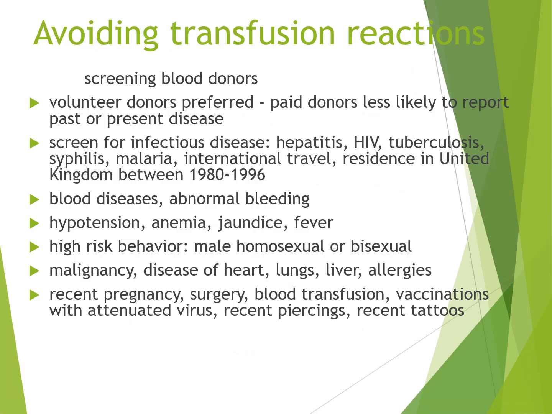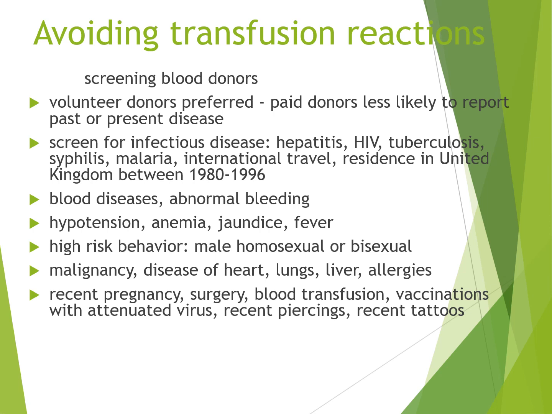Preventing reactions by screening blood donors, right? So volunteer donors are preferred. Paid donors are less likely to report past or present diseases. So they screen for infectious diseases: hepatitis, HIV, tuberculosis, syphilis, malaria, international travel, if they've been residing in the United Kingdom between the 1980s to 1996, the United States, all of those key things.